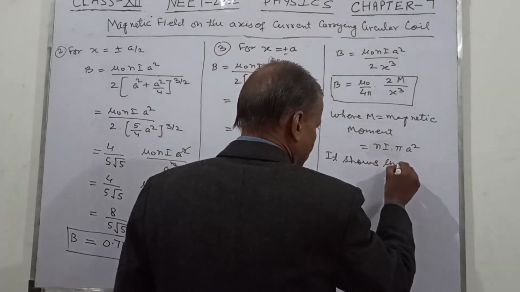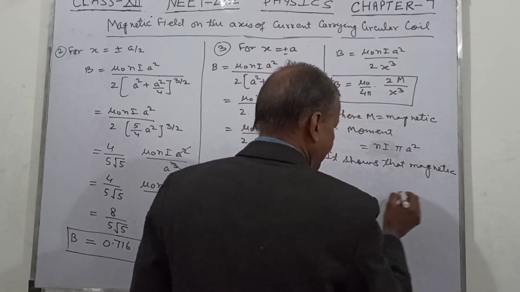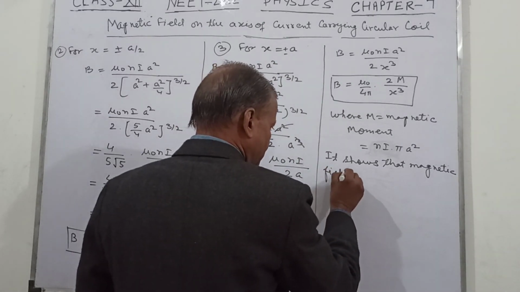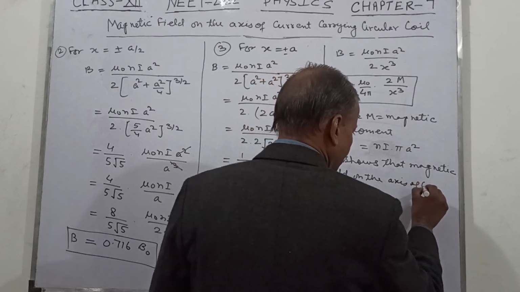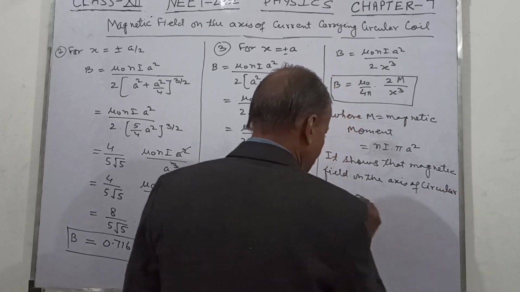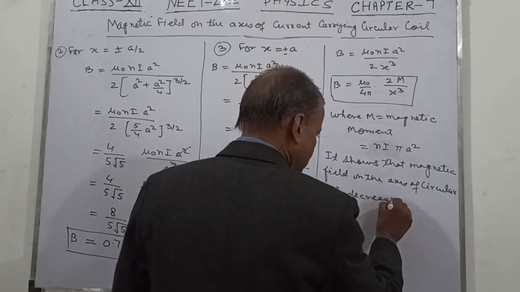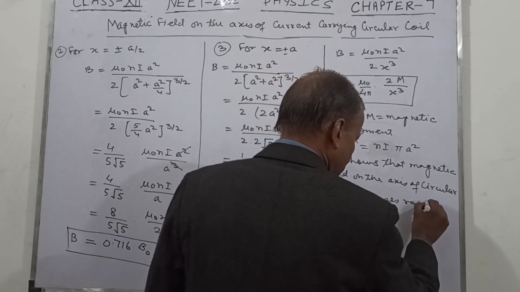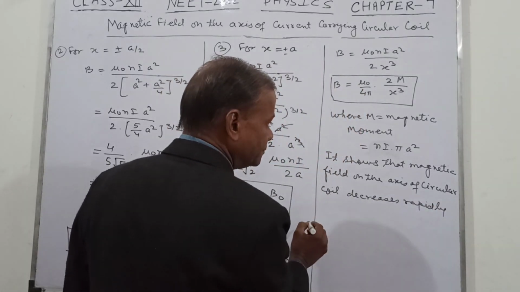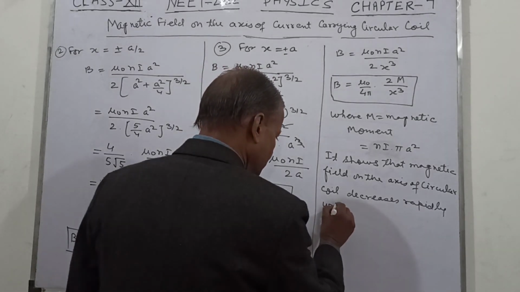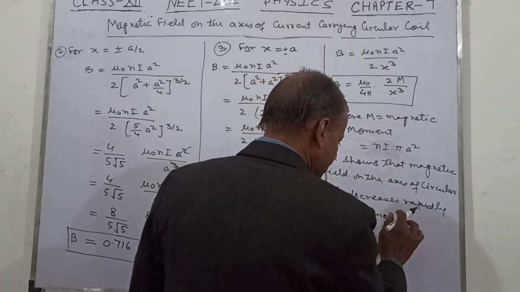It shows that the magnetic field on the axis of a circular coil decreases rapidly with distance x.